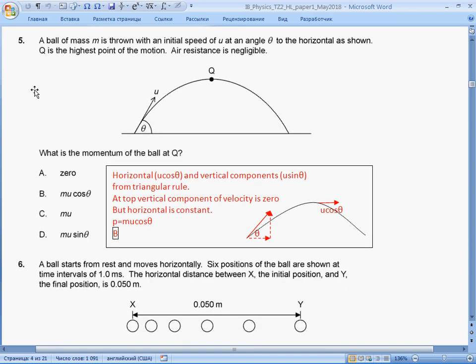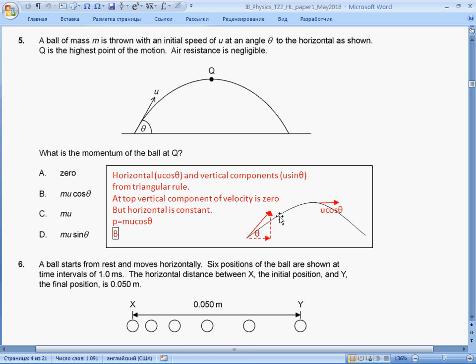A ball of mass m is thrown with initial velocity u at angle theta to the horizontal as shown. Q is the highest position of the motion, and resistance is negligible. So when we throw the ball at angle theta with u, it has a horizontal component, which according to trigonometry is u cosine theta, and a vertical component which is u sine theta.